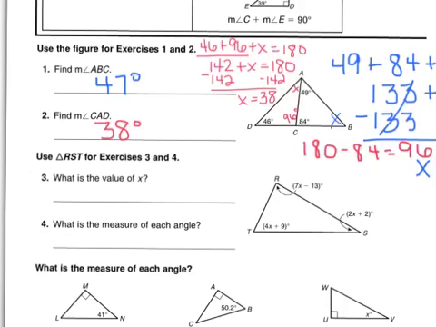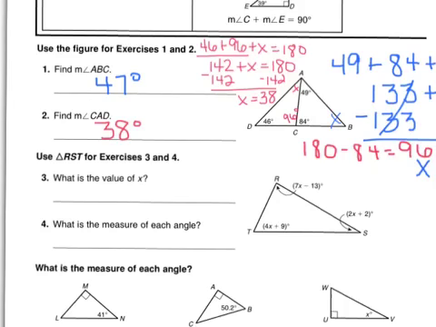So I could have done 46 plus, let's see, what did we find for this angle? 47. We found 47 a second ago. 46 plus 47, and then plus 49, because that's part of this angle, and subtracted all of that from 180. Still should have come out to be 38. If that way was more confusing for you, stick with the first way we did it.